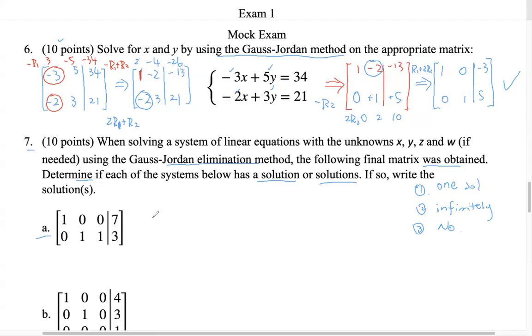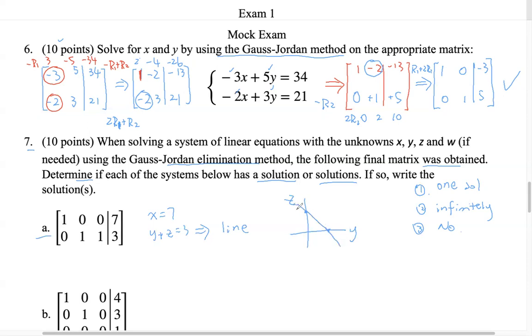What is A saying? A is saying X equals 7, right? And Y plus Z equals 3. So we see the second one is a line, right? Y plus Z equals 3. If I have a YZ plane, this is Y, this is the Z axis. I have this 3, 3. Right, so this is a line.